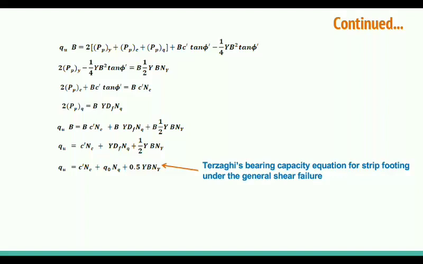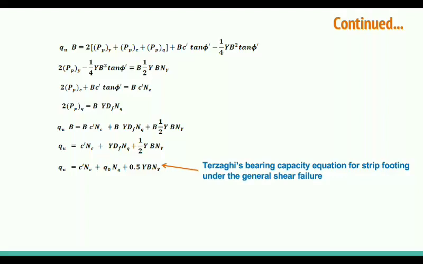So suppose you are working on the surface, so it means surcharge will be 0. Suppose you are calculating the bearing capacity of soil for purely cohesive soil. So the rest 2 components due to surcharge and the weight will be cancelled, and we can write qu is equal to c dash Nc.